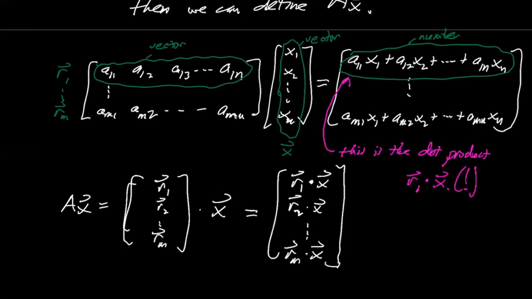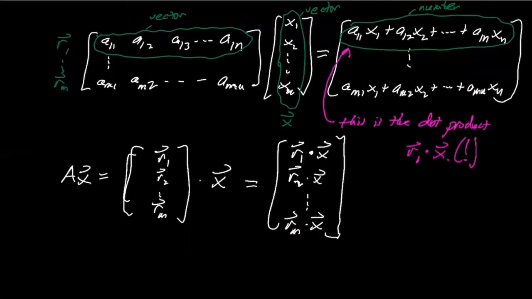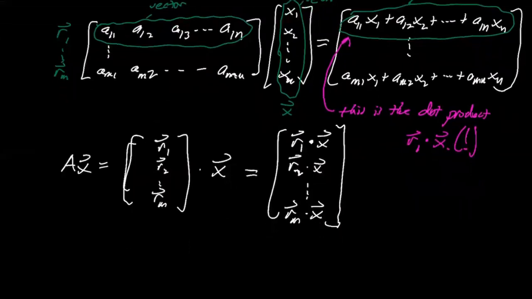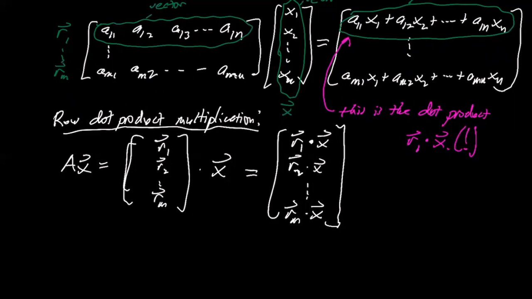You think about the row times the column, and you can practice multiplying. So that's one way. This is row dot product multiplication.